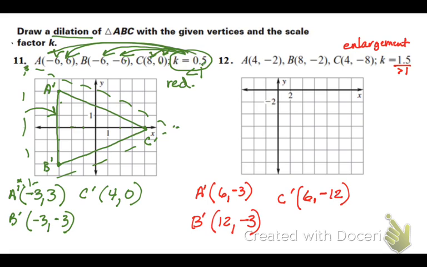Notice these are by 2's. So A prime is 6, negative 3, so x equals 6: 2, 4, 6. Negative 3: negative 1, negative 2, negative 3. So that's going to be A prime. B prime, x is equal to 12: 2, 4, 6, 8, 10, 12, and negative 3.